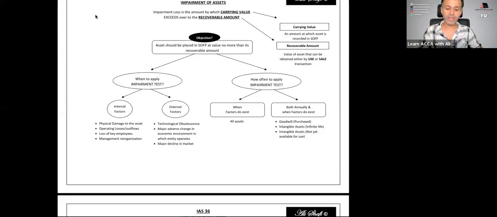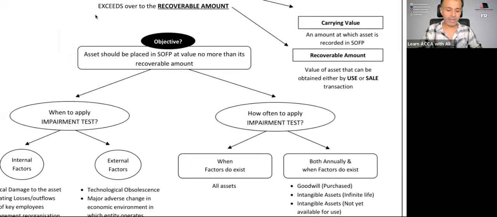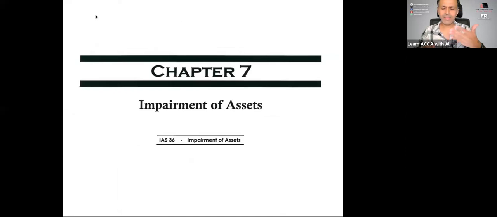So let me close this and focus only on impairment of assets. Let me first give you a basic scope of this topic, what this impairment of assets is about.